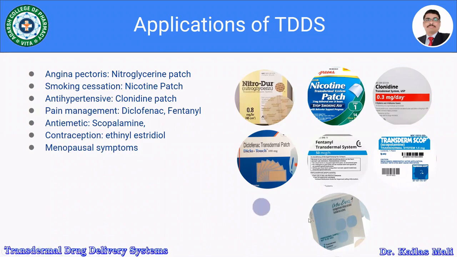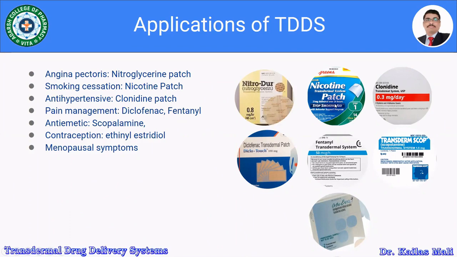These are certain images of the marketed formulations of the transdermal drug delivery system. Very first one, Nitrodur. It contains the drug nitroglycerin, and it is used for angina pectoris.